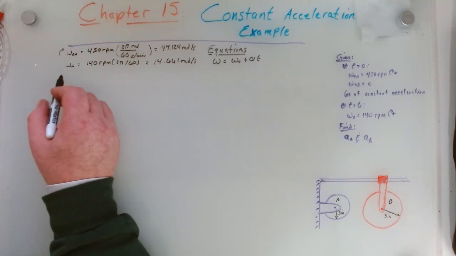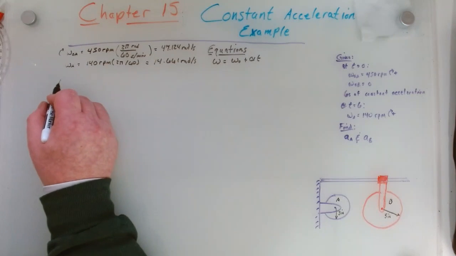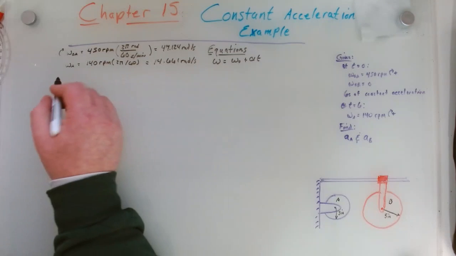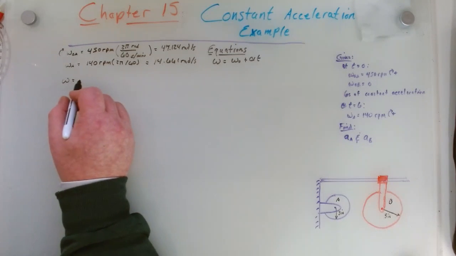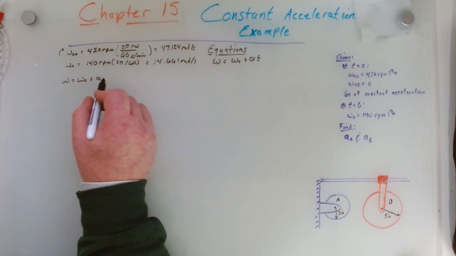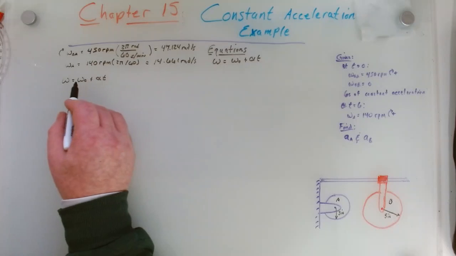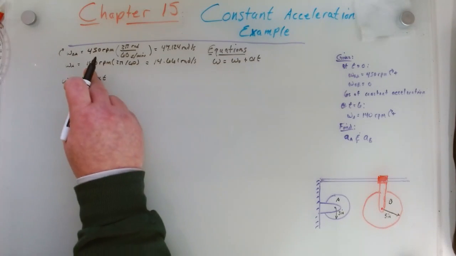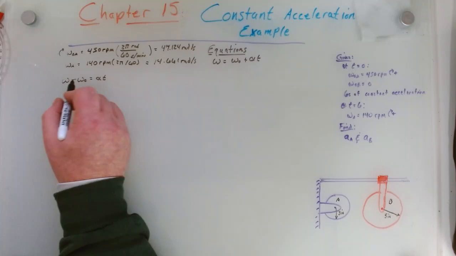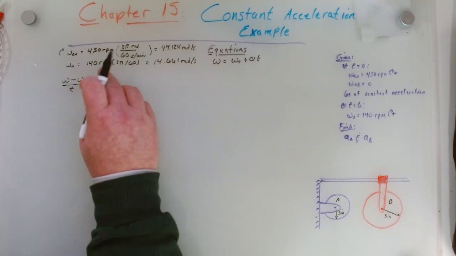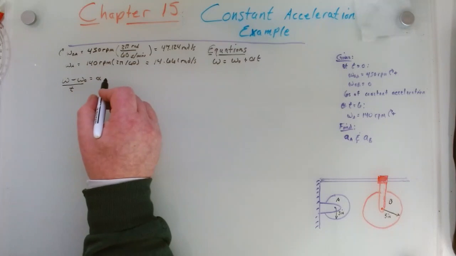Omega is omega naught plus alpha t, so I subtract omega naught from both sides, and if I divide by t, that gives me alpha. It's better to do it algebraically first.